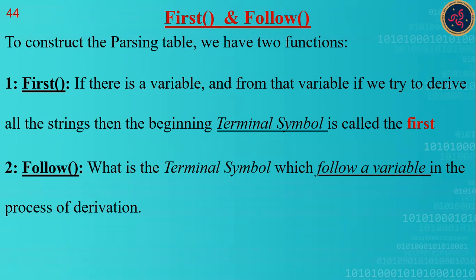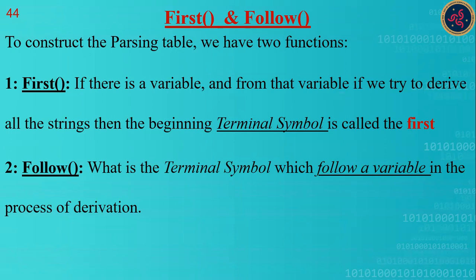Suppose you will be given a grammar G, and there will be some n number of productions. We have to find the first and follow of every non-terminal symbol of this particular grammar. So what is first?